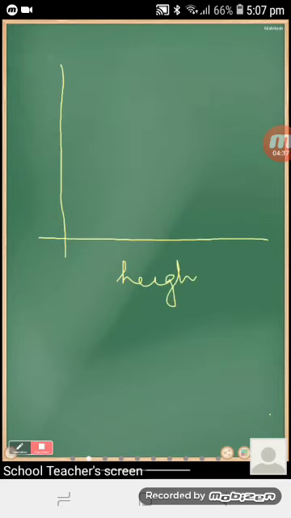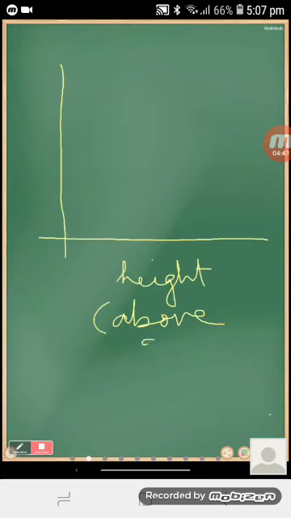So here we were drawing the graph. We have taken two axes. Along the x-axis, we represent the height above the ground, and along the y-axis, we represent energy.